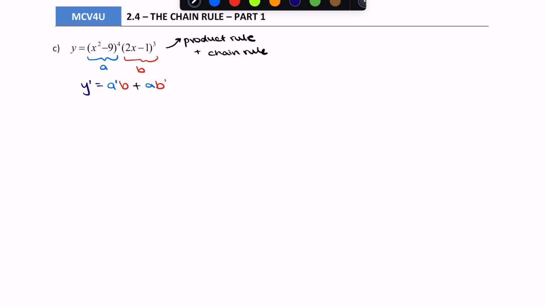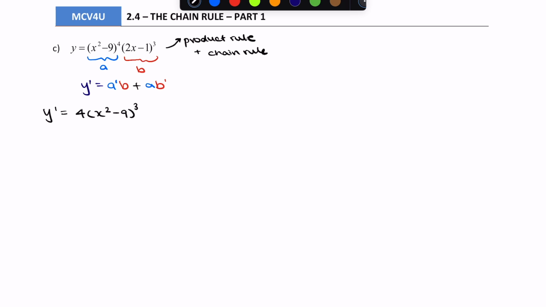So here, if we look, y prime is equal, so the first thing we'll do is find a prime. Here we're using the chain rule to find the derivative of a. So do the outside first, so 4(x² − 9)³.